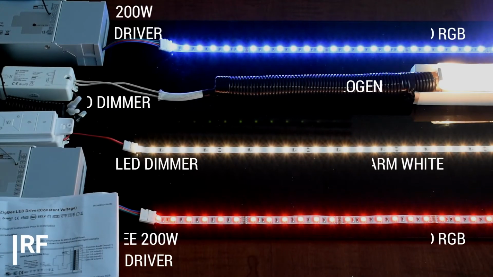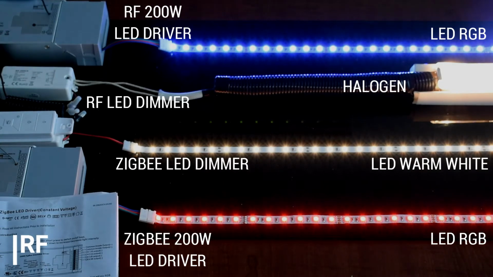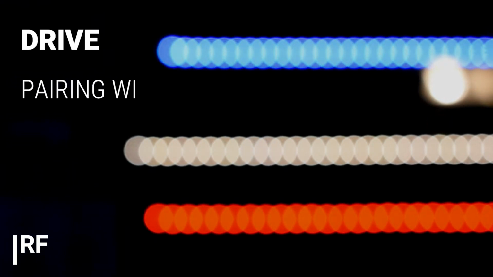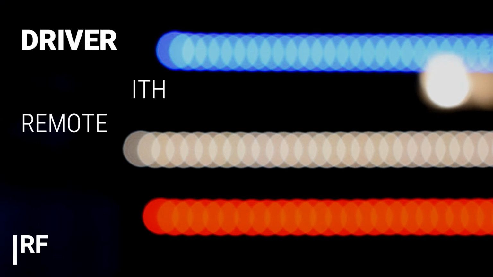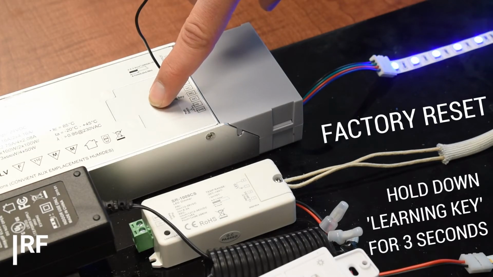First up is the radio frequency pairing procedures. I will be using the following control board to help visualize the different pairing procedures. Start off by factory resetting the driver by clicking and holding down the learning key for 3 seconds.